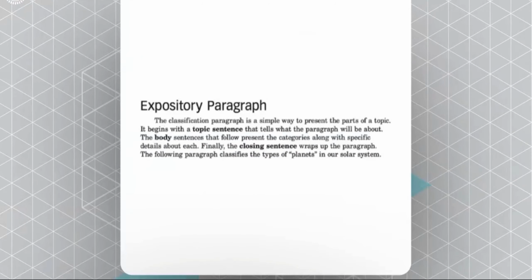The classification paragraph is a simple way to present the parts of a topic. It begins with the topic sentence that tells what the paragraph will discuss. The body sentences are really important.